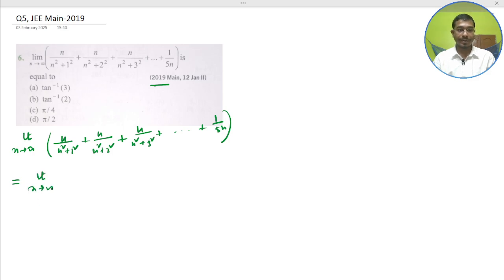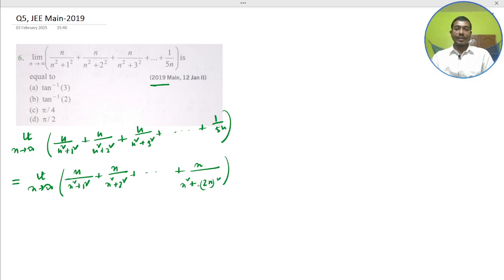So limit n tends to infinity of n by (n square plus 1 square) plus n by (n square plus 2 square) plus dot dot plus the last element n by (n square plus 2n square). Because n by (n square plus 2n square) means n by 5n square, that is equal to 1 by 5n.